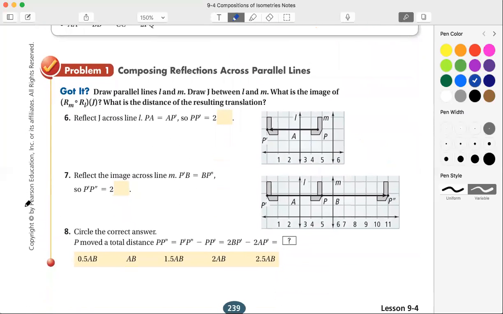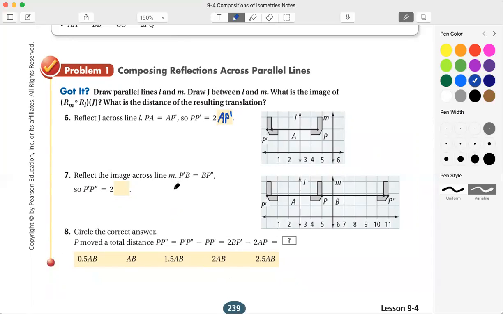Problem number 1. To draw parallel lines L and M, draw J between L and M, and what is the image of this composition? We're going to reflect J across the line L. PA equals A, P prime, so P prime equals 2 times A, P prime.